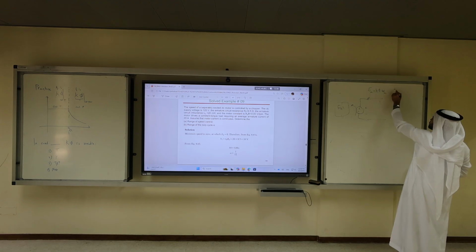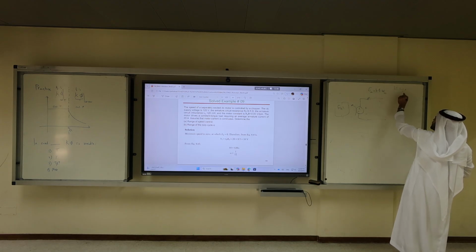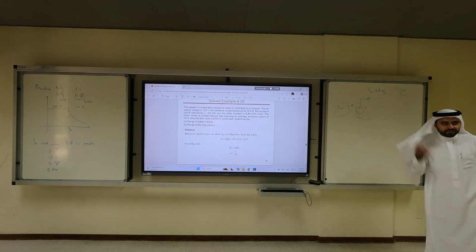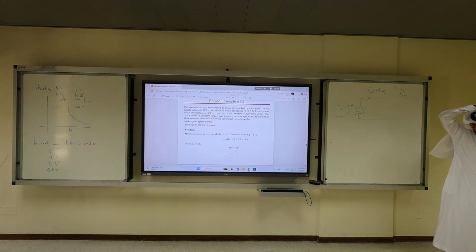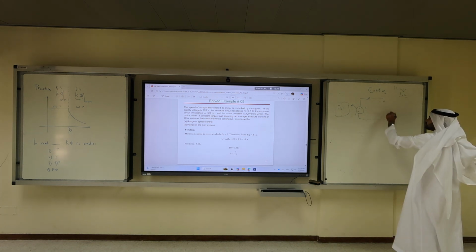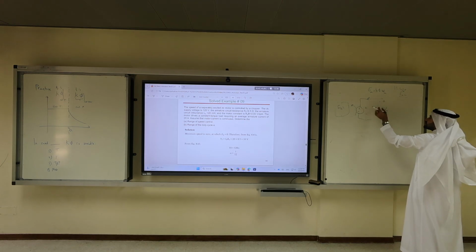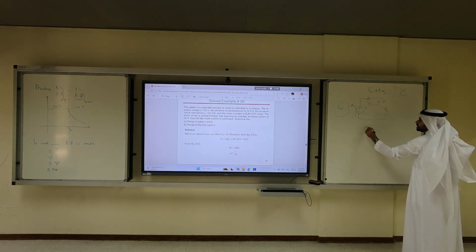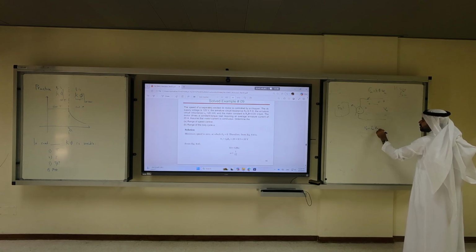So if omega is 0, EA is what? 0. Does this mean that no current is flowing? Does it mean VT is 0? No. It means, because there is rotational losses, VT equals IA RA.